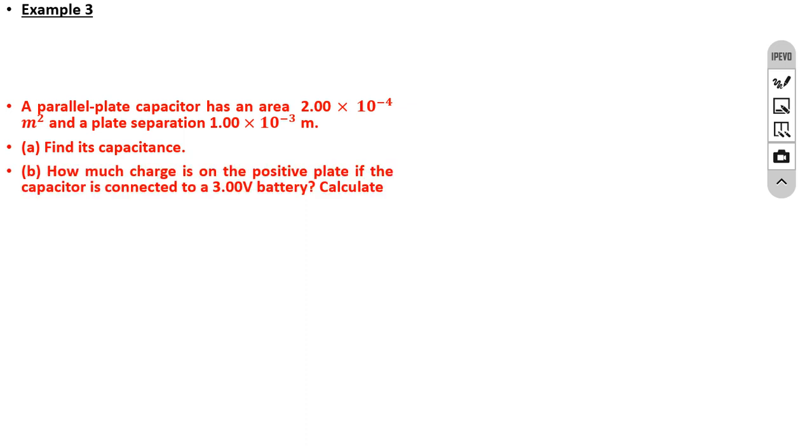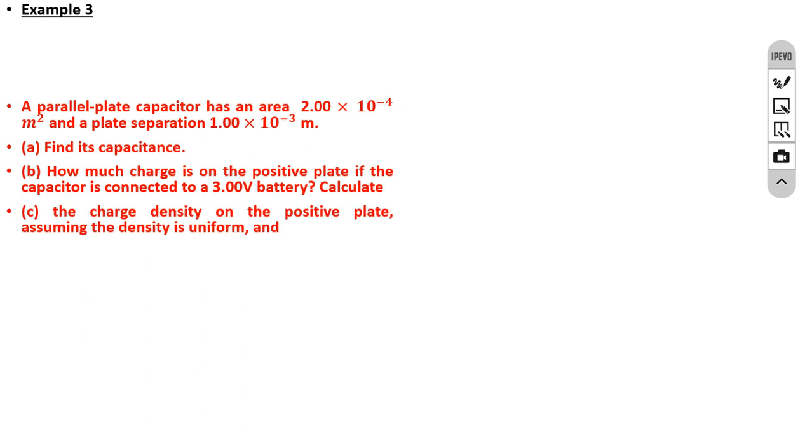How much charge is on the positive plate if the capacitor is connected to a 3-volt battery? Also calculate the charge density on the positive plate, assuming the density is uniform, and calculate the magnitude of the electric field between the plates.